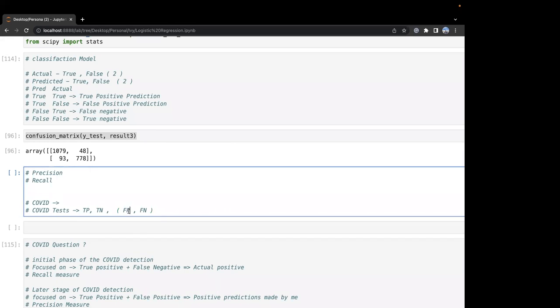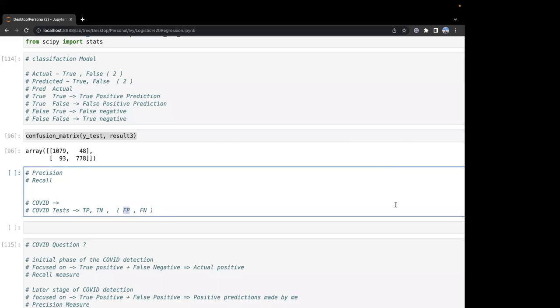Yeah, false positives. So we wanted false positives as opposed to false negatives, yes. I think that statement is incorrect. I'll tell you why.